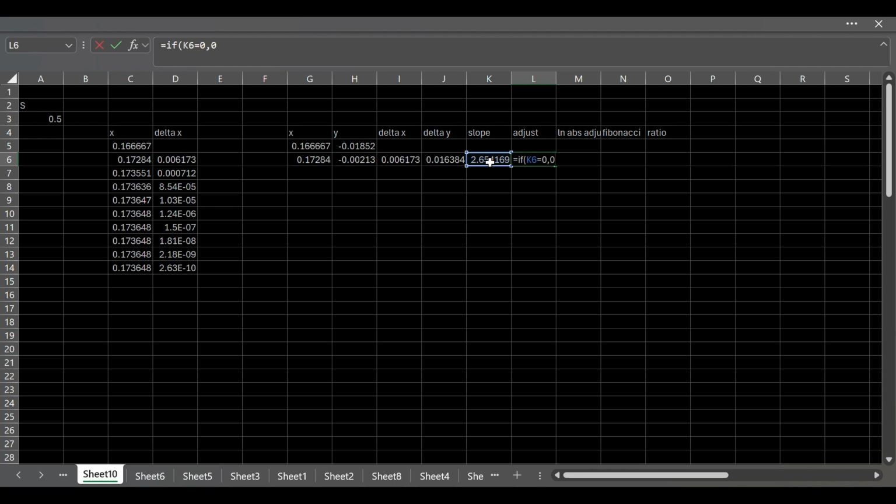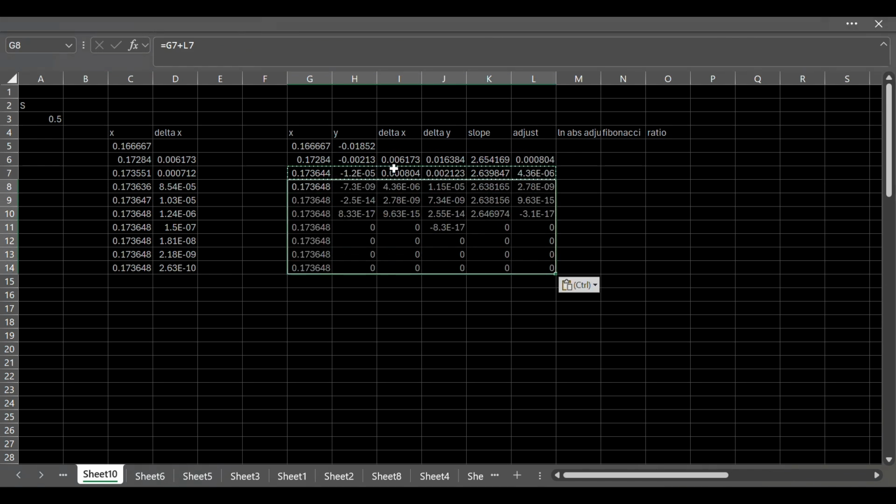And the adjustment is the value of y minus the value of y divided by the slope. And then the new x is the old x plus the adjustment. And if we bring these calculations down, we should see that it converges pretty rapidly. Okay, there it is. That's the answer.